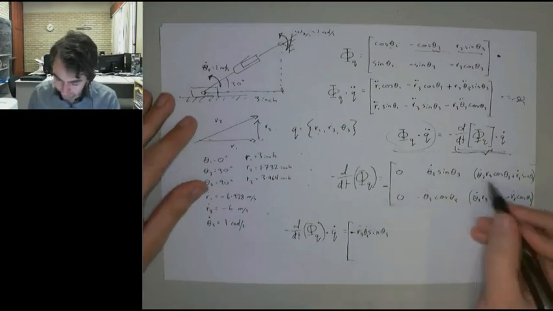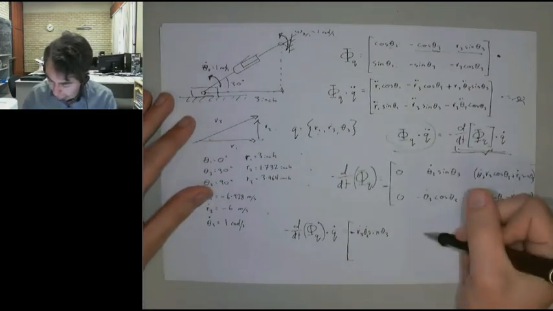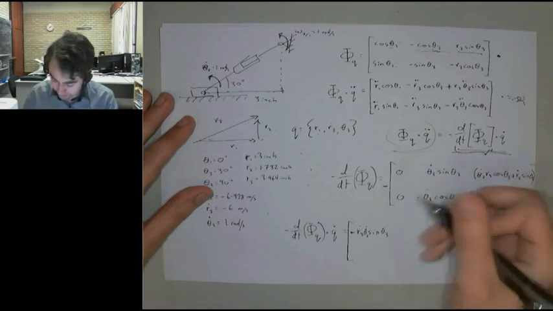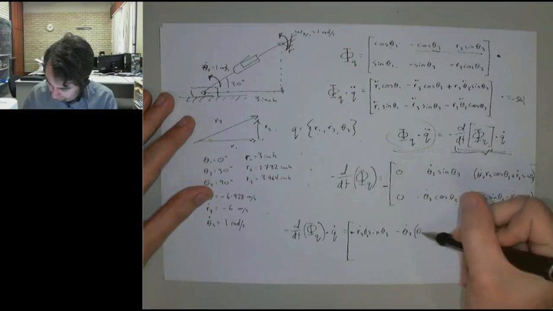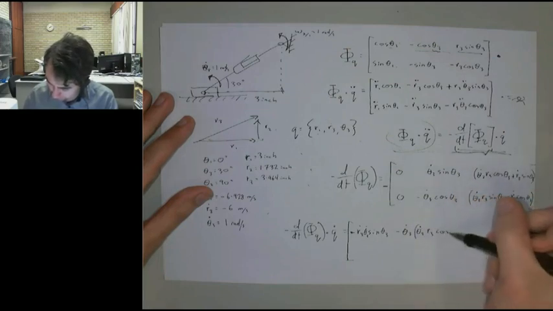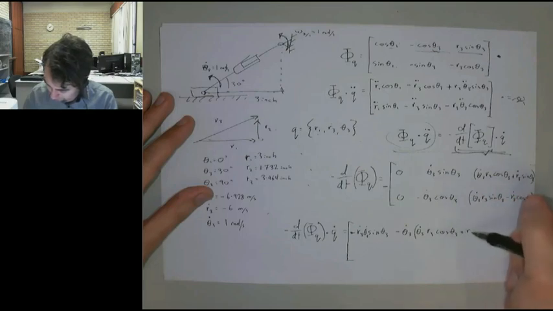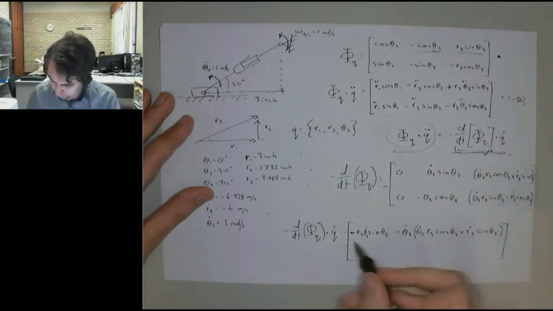We're also going to be having this one here multiplied by our theta 3 dot, and again taking the minus in, and this term here. So it'll be our total top term.